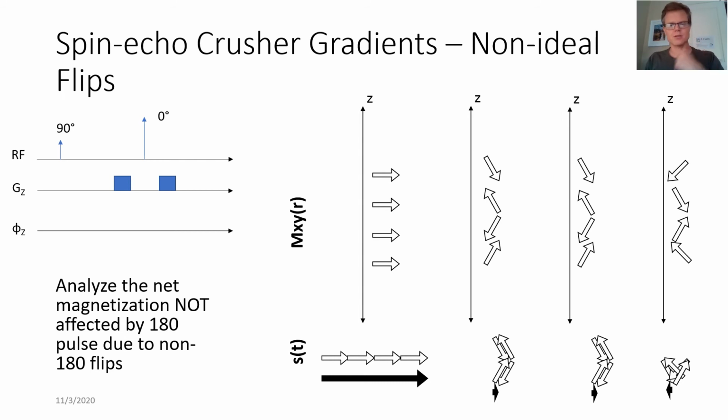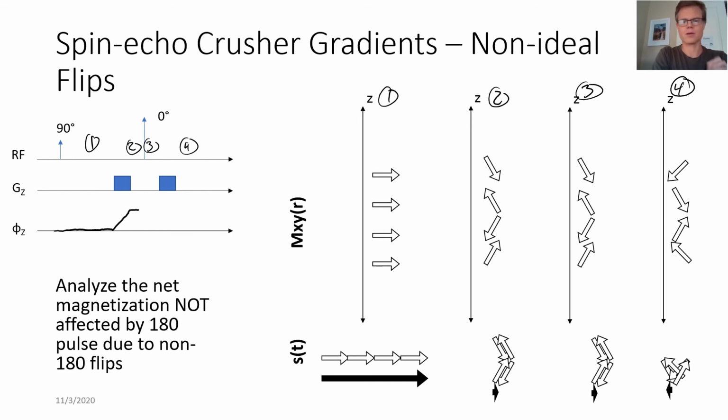So the first case we can analyze is spin echo crusher gradients when we look at magnetization that might be excited by the first RF pulse, but not excited by the second RF pulse. And what's going to happen in this case is we're missing this flip, or this inversion of the phase due to the 180 degree pulse.